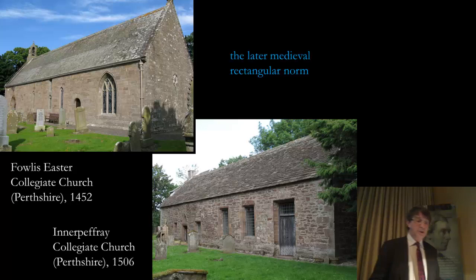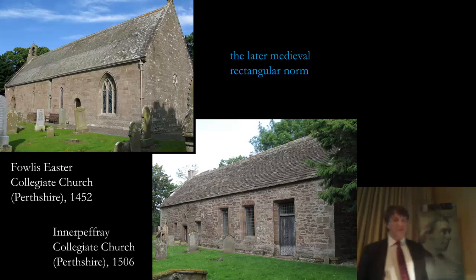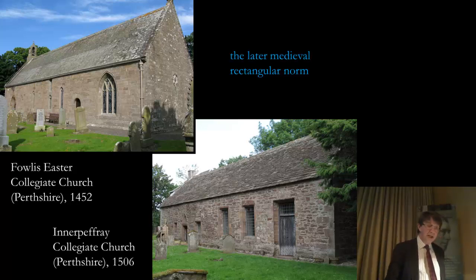And in fact, I put up here two examples of these rectangular collegiate churches: Falzeaster, which was a foundation of Andrew Lord Grey in 1452, and Innerpeffray Collegiate Church, which was a foundation of John Lord Drummond, probably around 1506.